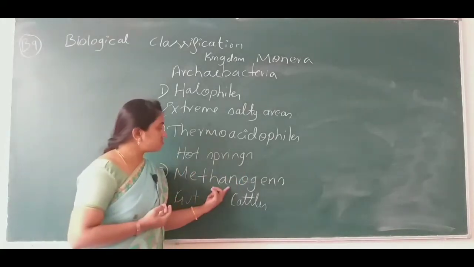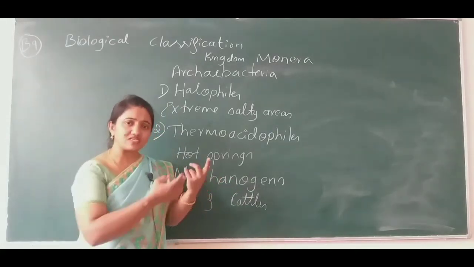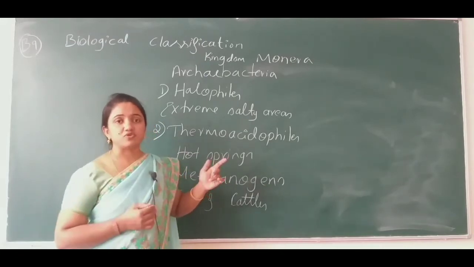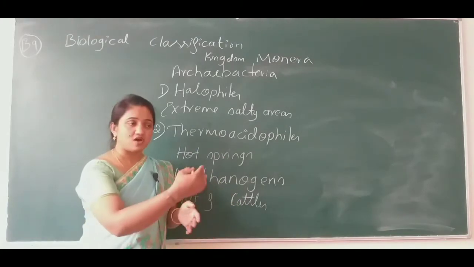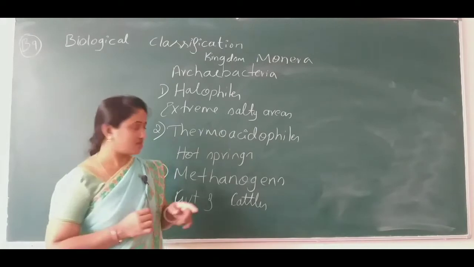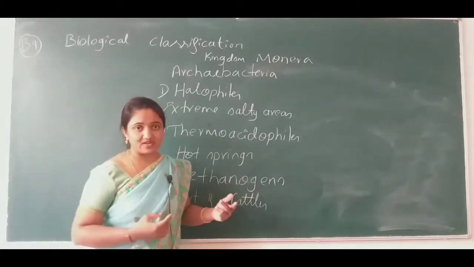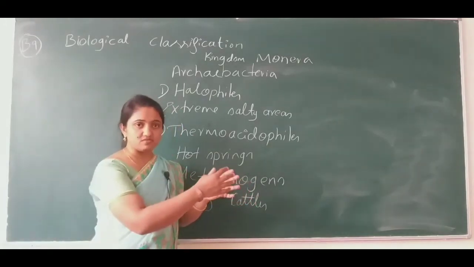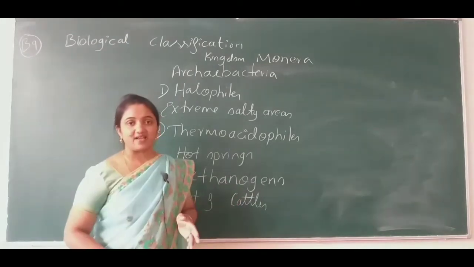Okay, so how do they utilize it? What is the primary raw material for the production of biogas? What reaction takes place in the tank? How is the biogas released? There the question arises. Whatever we know, the cow dung is collected and passed into the tank.